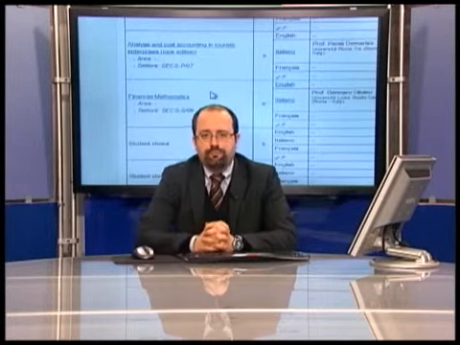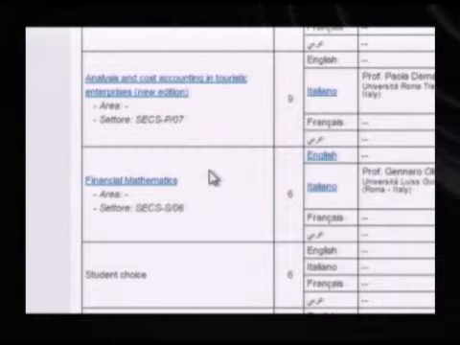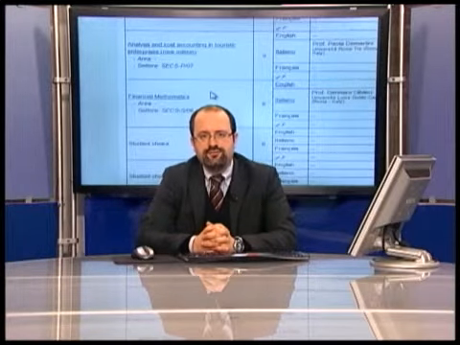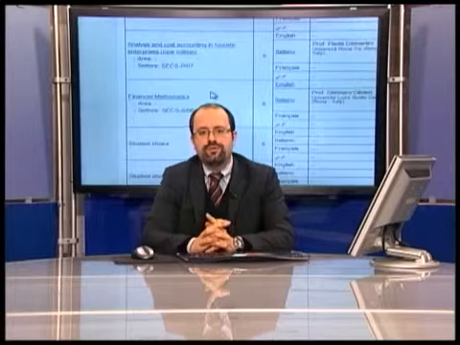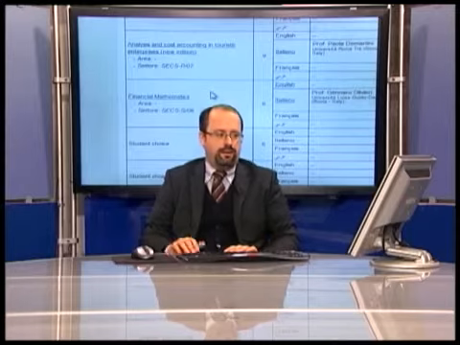Then, again in the third year, we have a course about financial mathematics. The course is about the financial and mathematics area. It is a general course that is very important for the student to have a more general view of the economic area.